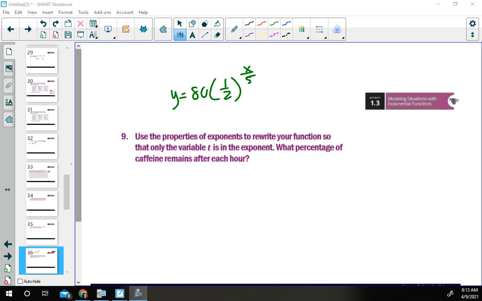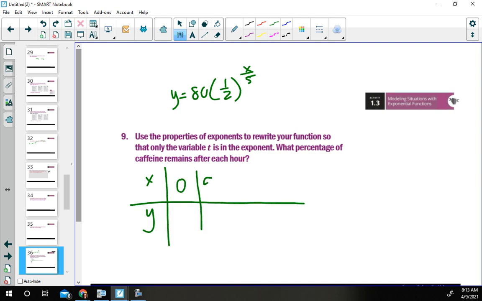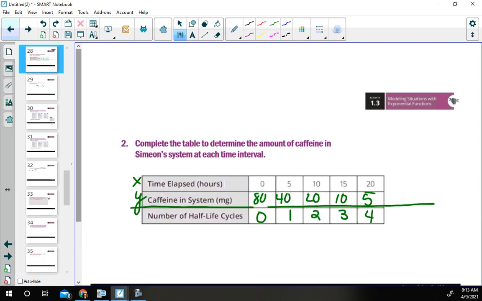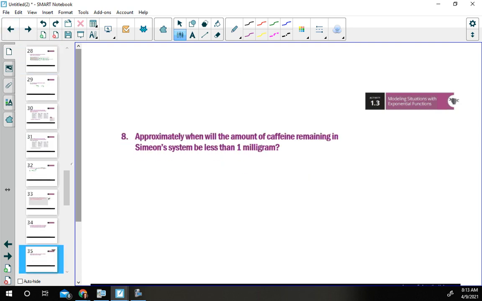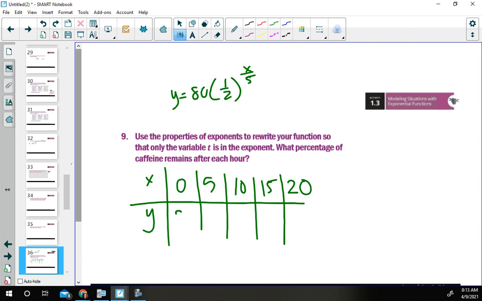So if I go back to my table, it was x, y, 0, 5, 10, 15, 20. Wait, or did I do that backwards? Nope, that was it. Okay. So then I had 80, 40, 20, 10, 5. So this is going to be my L1 and my L2.